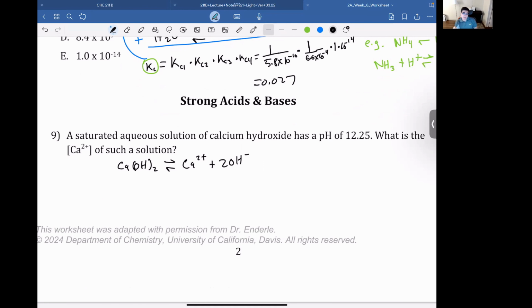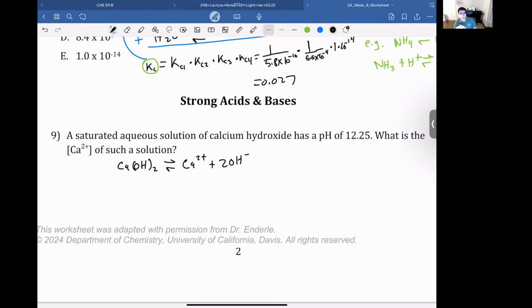And if we have twice as many moles of hydroxide, we're going to have twice the molarity of OH minus. If we can figure out the concentration of OH minus, then we can figure out the concentration of calcium, right? We get the concentration of OH minus from pOH.